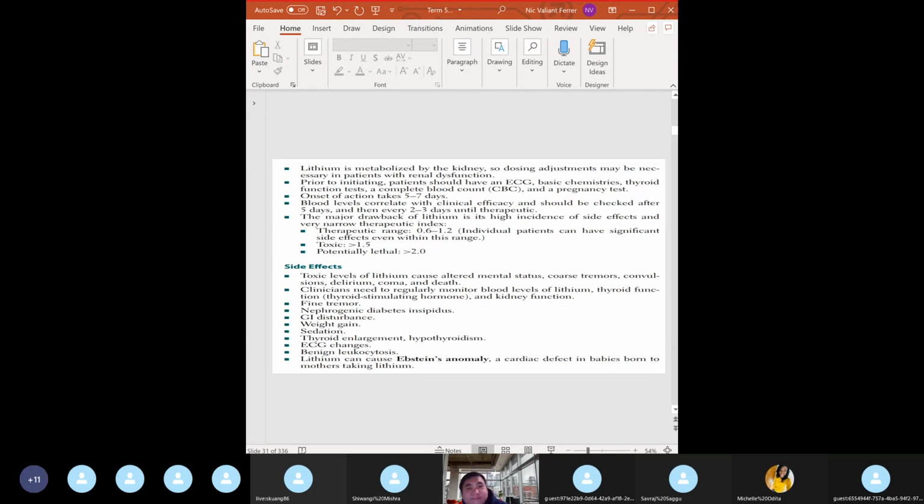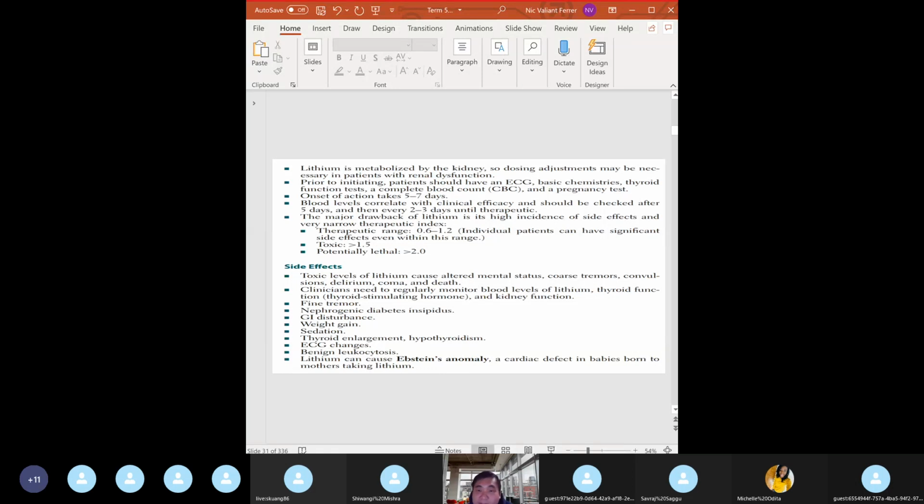Because NSAIDs reduce the perfusion to the kidney, and ACE inhibitors reduce the GFR. Prostaglandin. Okay, excellent. Prostaglandin dilates what arteriole? Prostaglandin dilates the afferent arteriole. Okay, and angiotensin 2 constricts what? The efferent arteriole. Don't forget that, so that you can maintain your GFR.